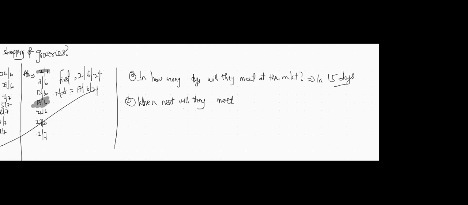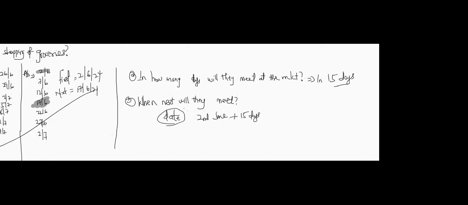Do you get it? Yes. The question can say, when next would they meet? The examiner is looking for the date. That is 2nd June plus 15 days, then you do the mathematics. Is that okay? Yes, please.